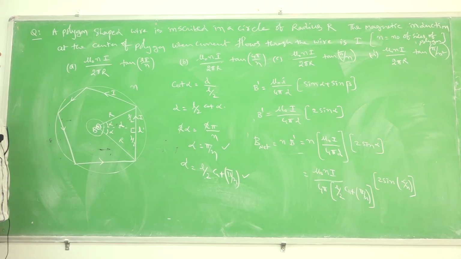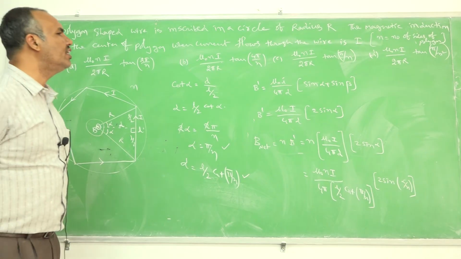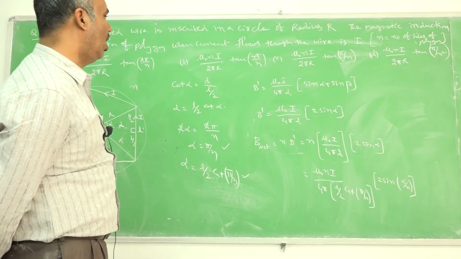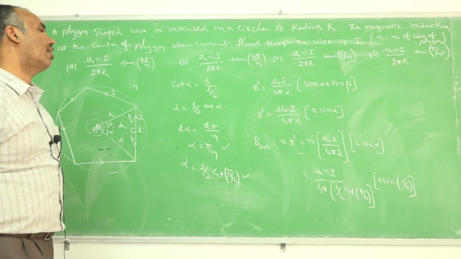Here we introduced the length of a particular side as L. They did not give L value. So, how to calculate L? In the answer, if you see any of the options, the answer is given in terms of r.